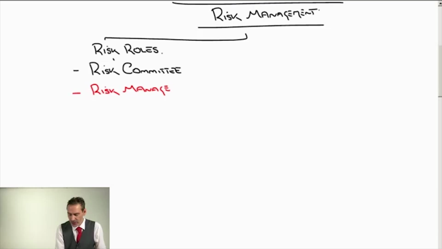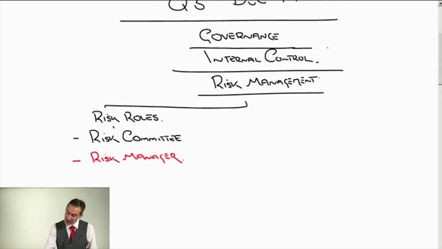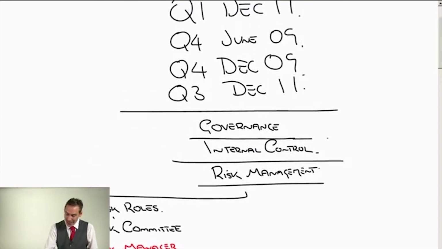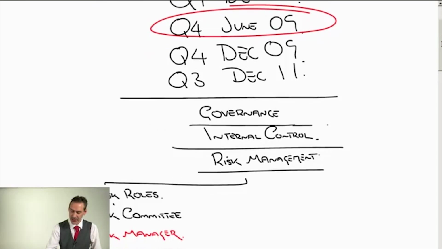Now, I could tip them both because they're very similar roles. However, the examiner has really overdone, to my taste, the issue of risk committees, and risk managers haven't been examined for a very long period of time. I just think he's going to change tack. I think he's going to go for it. This question will take us through a lot in terms of what risk managers do.